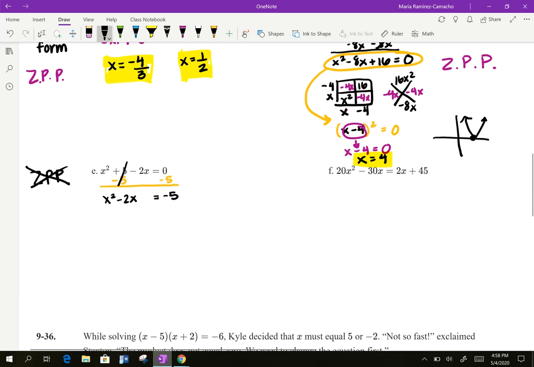And I need to complete the square, which means that I need to draw a square and figure out what that last term needs to be. So draw a square, a generic square. Put your x squared term in the lower left corner. Take this x term and split it in half. Half of -2x is just -x. Okay, -x plus -x is -2x.